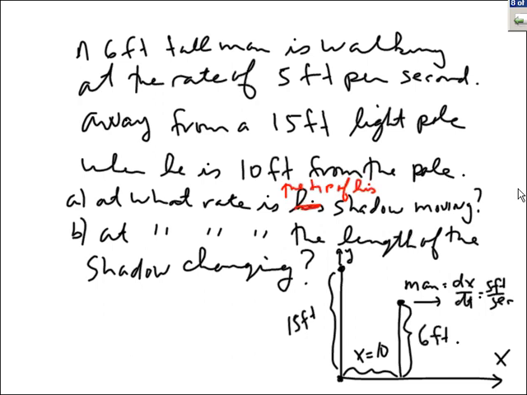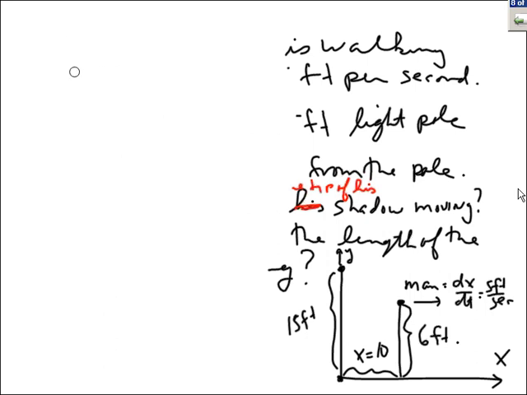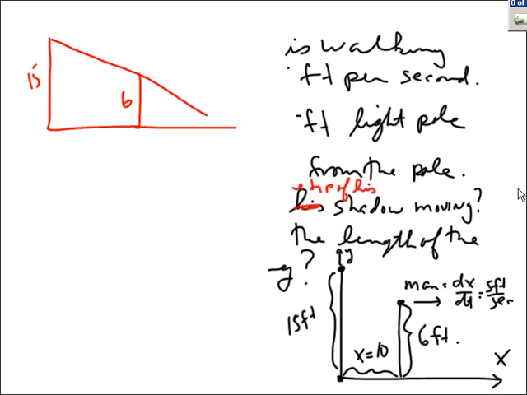Alright, so now we need to come up with an equation. I'm going to erase a lot of this right here, and let's see what we can do. So basically, we have this scenario. This is 15. This is 6. And here's the tip of the shadow.